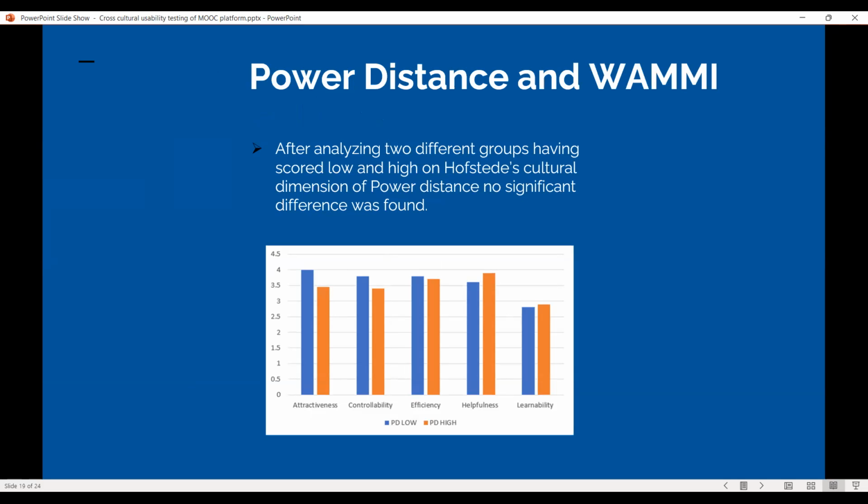In the end, the results from the VROOM questionnaire were looked at through the Hofstede's cultural dimensions. After analyzing different groups that scored high and low on the Hofstede's cultural dimension of power distance, we couldn't see any significant difference.